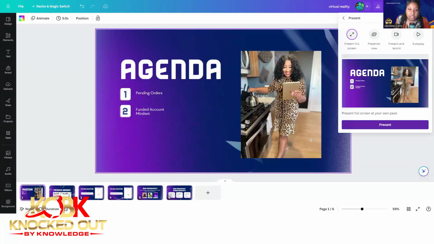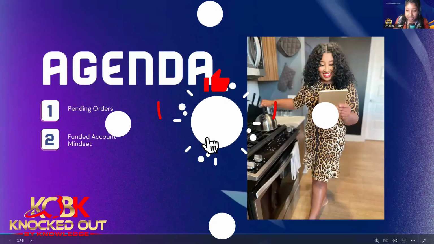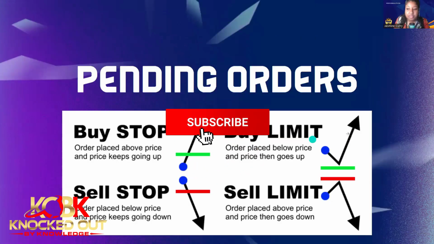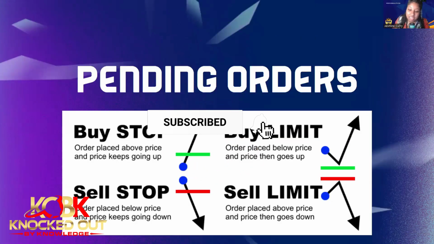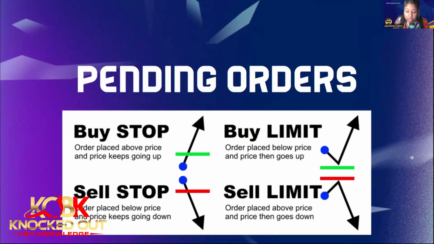All right, so I'm going to talk about pending orders and then funded account mindset. If you don't have this, please take a picture of it. Pending orders are the absolute best thing. On MT5, all you have to do is click your screen.